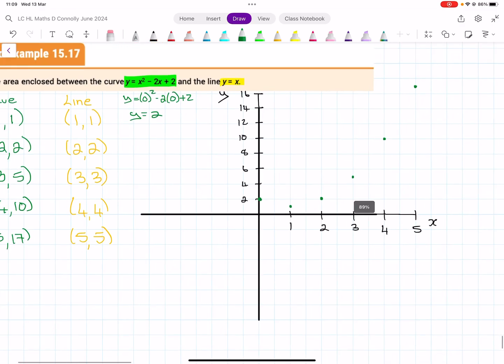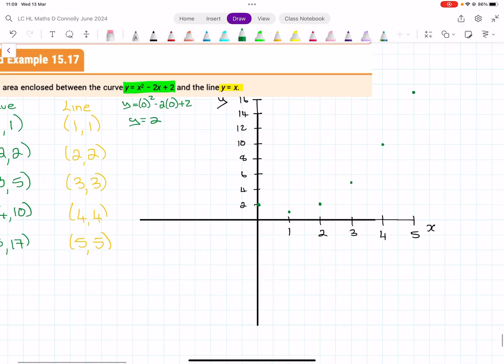Okay. So that's that. And then the line is 1, 1, 2, 2. So the first 2 points are the same. And then it goes 3, 3. And then 4, 4. And then 5, 5.